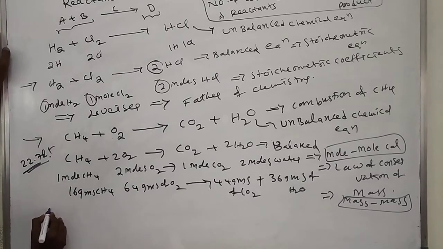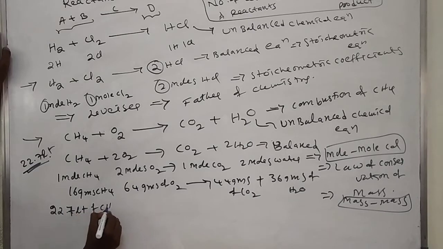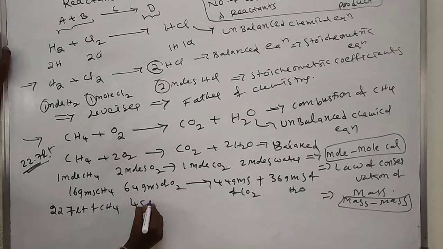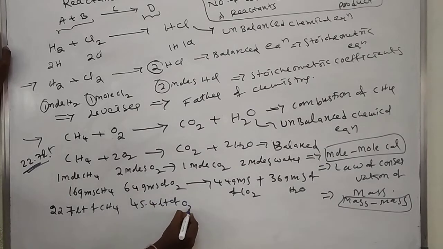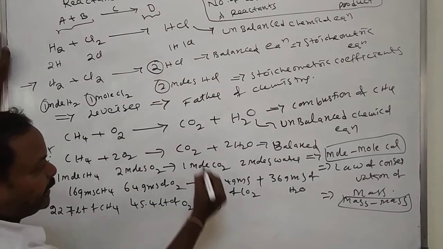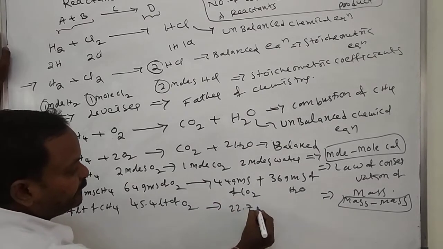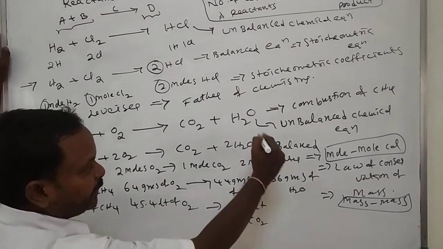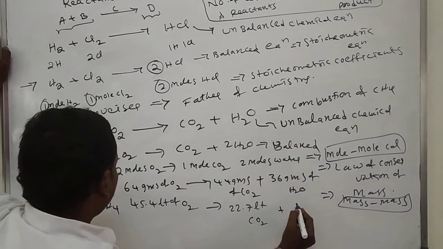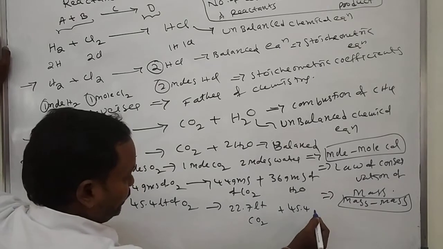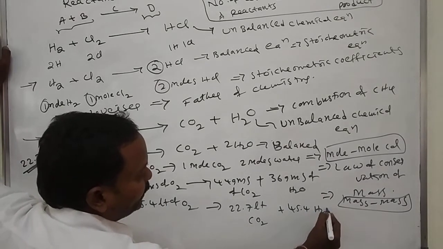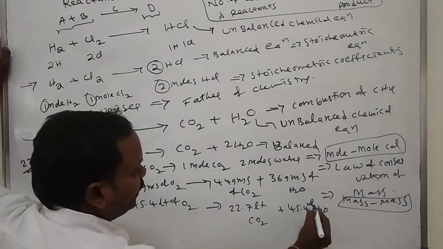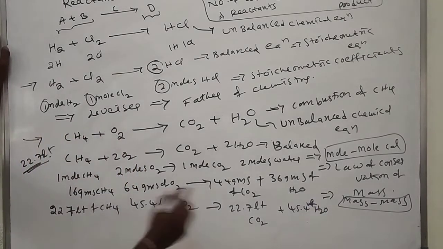Suppose 1 mole of methane occupies 22.7 liters, it reacts with 2 moles, that is 45.4 liters of oxygen. Again 1 mole, 22.7 liters of carbon dioxide was formed, and here 2 moles, 45.4 liters of water vapor will be formed. Here both will be the same.